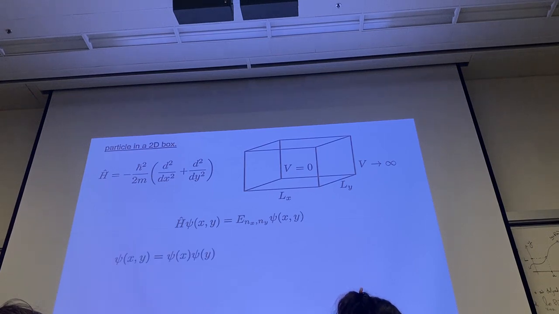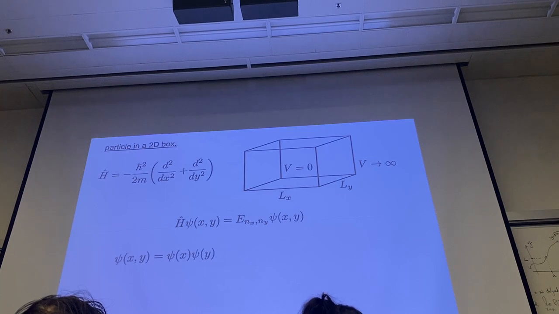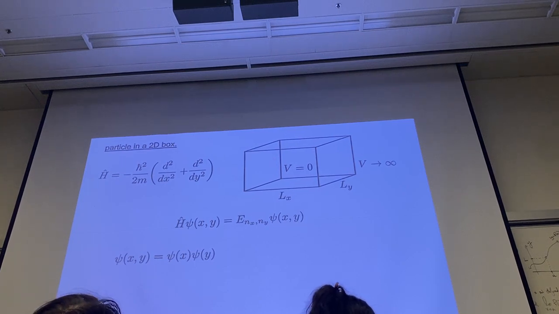So I'm going to tell you exactly what the solution is. The solution is surprisingly simple. You can prove it to yourself. It's very easy to prove that this is the right solution. I'm going to take the same sine waves from last time. I have a sine wave along x and a sine wave along y, and the total solution is simply the product of the two.